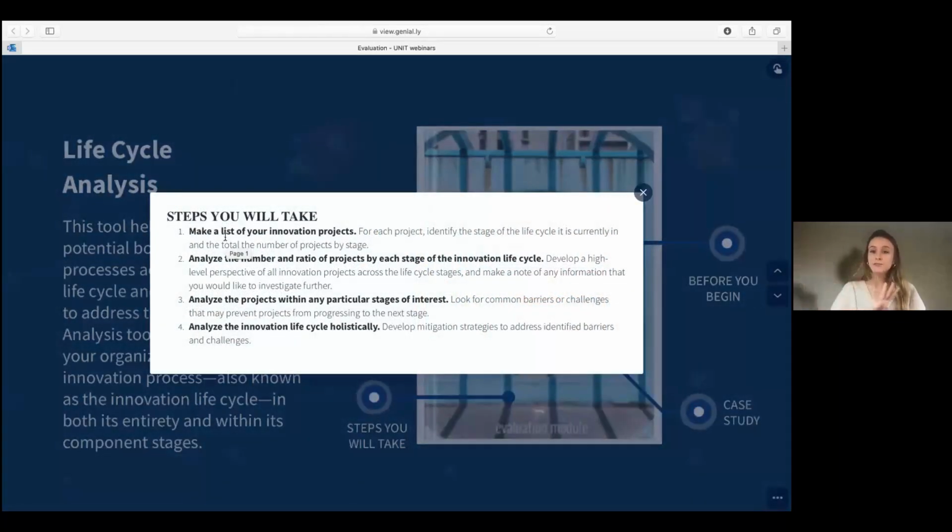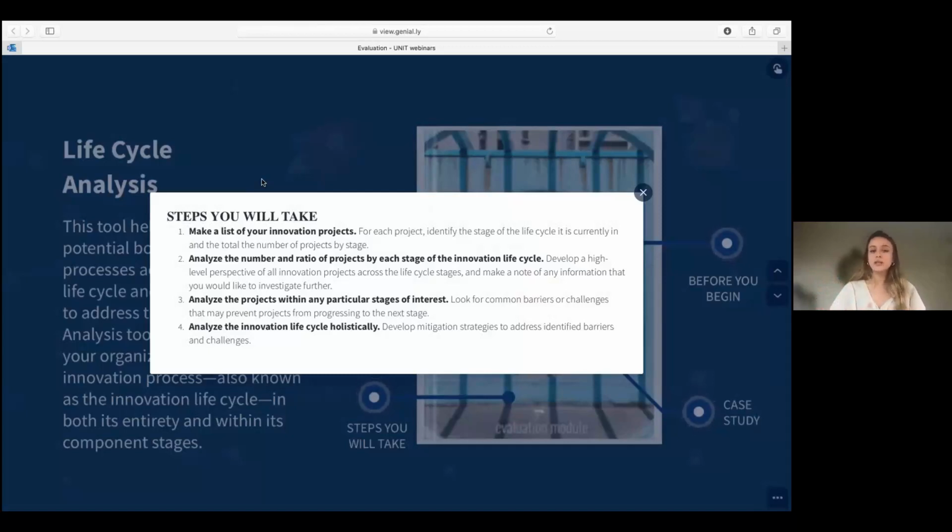Then you will have 4 main steps once you start using this tool. The first step is to make a list of your innovation projects. As already said, minimum 6 innovation projects is the recommendation. Then you're encouraged to analyze the number and ratio of projects by each stage of the innovation lifecycle.